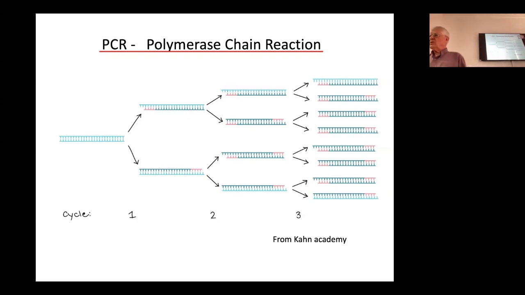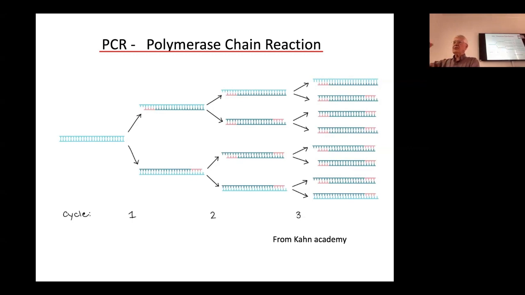What you do is you actually have a tiny little tube, and you put in that initial DNA that you had, just part of a drop, and then you add in all of these primers, and you add in the enzymes to do the duplication, and you put them in a little machine about this big, a PCR machine, and what they'll do is they'll go through the heat cycles.